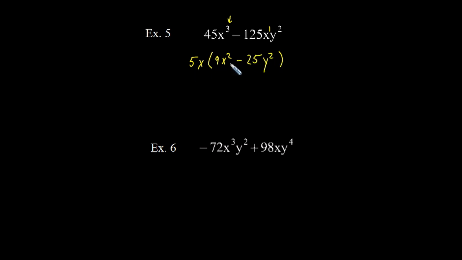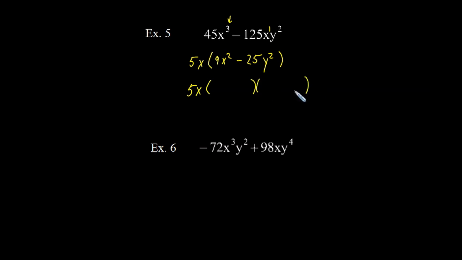And then when we do the quick check, 5 times 9 is 45, x times x squared is x cubed. I can't stress the importance of doing that to make sure that you have done that GCF step correctly. 5 times 25 is 125, and then x times y squared is xy squared. And that results in the difference of squares. It reveals itself very clearly then.